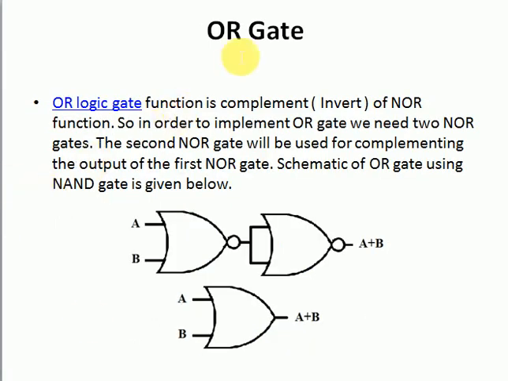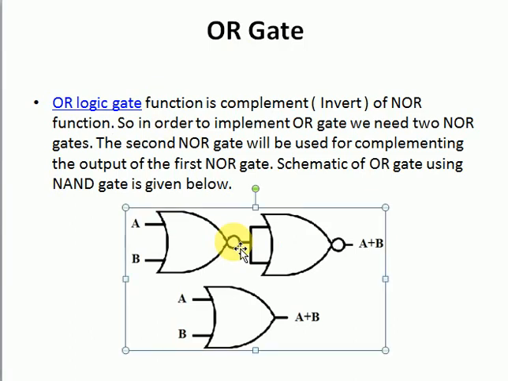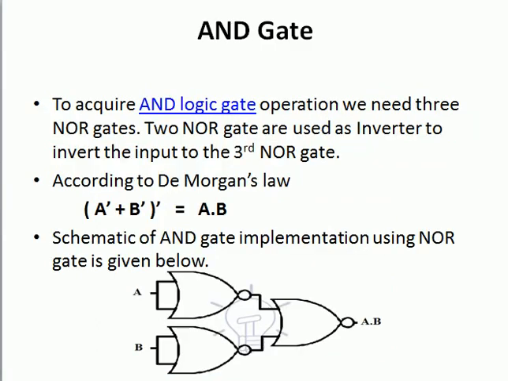Here the OR gate is converted into NOR gates, and in the case of NAND implementation the AND gate was converted into NAND gates, having two NAND gates only. So this is how we can convert any basic gate, that is the NOT gate, AND gate, OR gate, into NOR gates.